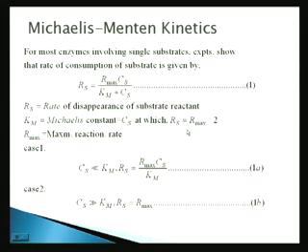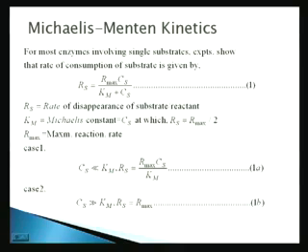So let's go a little beyond this, and let's try and understand how this reaction kinetics comes out of the reaction between the enzyme and the substrate, right? We cannot accept this reaction rate as it has been given to us.